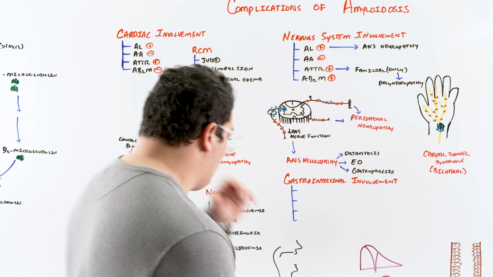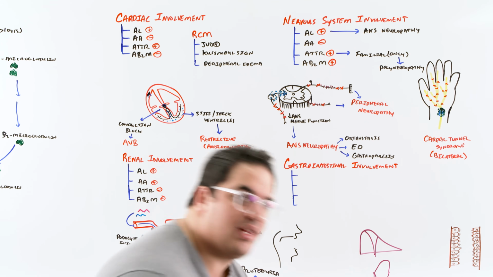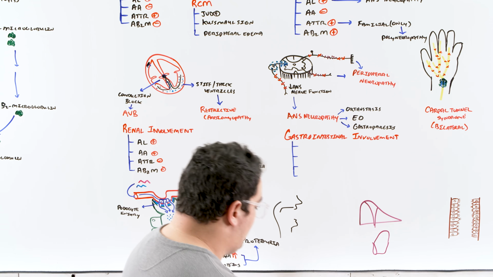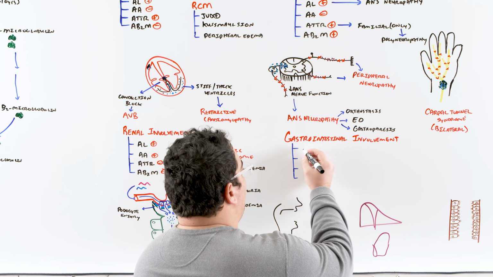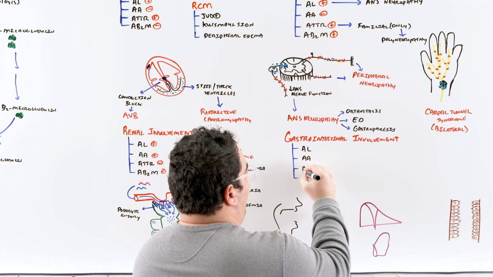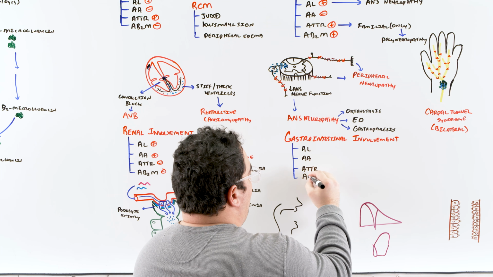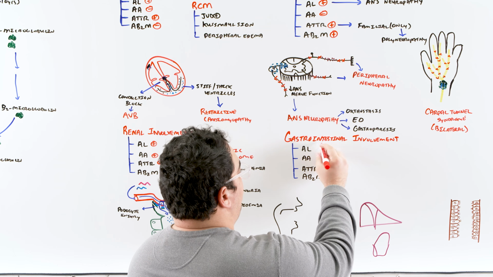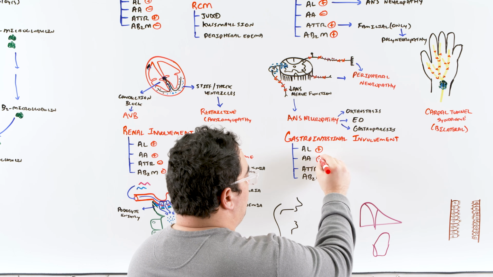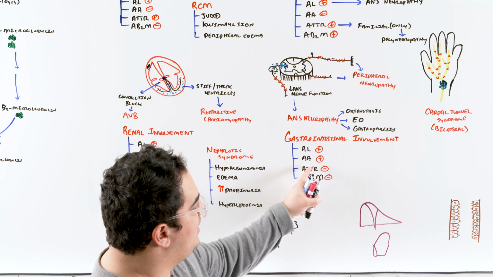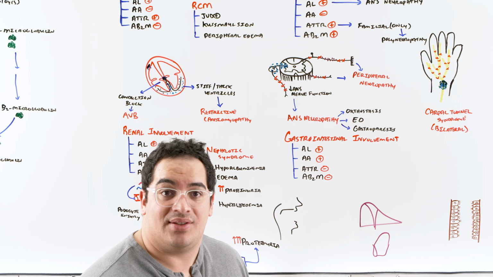All right, gastrointestinal involvement. I don't want to go too crazy with this one. I only want to pick up really one big thing, and that's within these. It's funny. So AL, AA, ATTR and A beta-2 microglobulin. It's really just these two. Some textbooks say all of them, and that may be true, but it's very minuscule for these two. It's primarily these two.